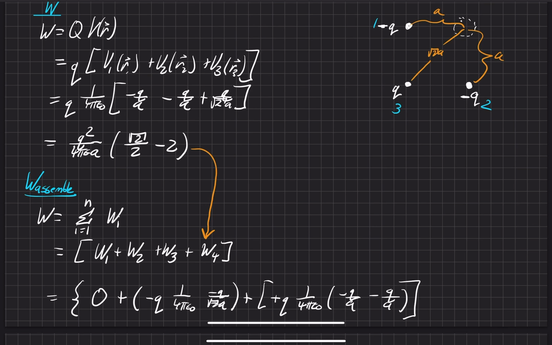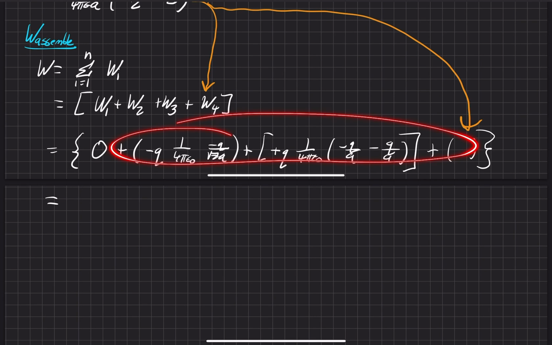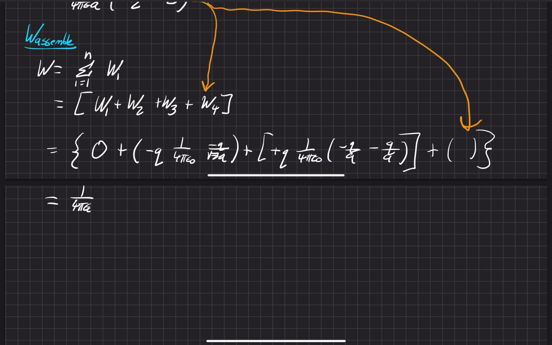And then finally, we have our work to bring in the 4th charge all the way here, assuming that these are now configured and nailed down, which we found out already. It was this one right here, so we can just go ahead and plug this one in here. Now, whenever we scroll down, we basically just have to do some algebra and collapse these down together. They all have 1 over 4 pi epsilon naught in common.